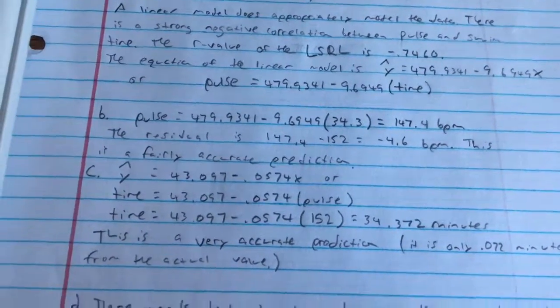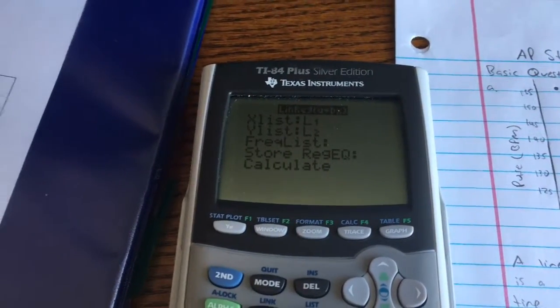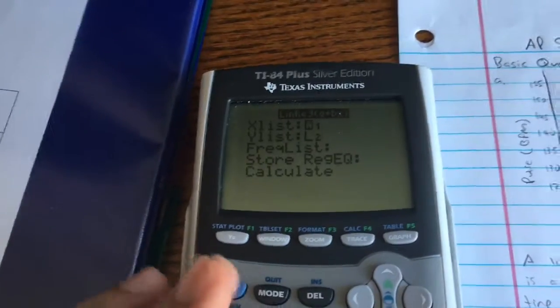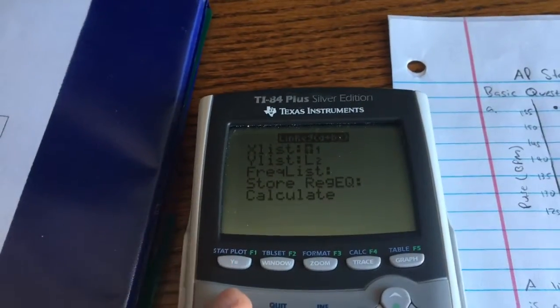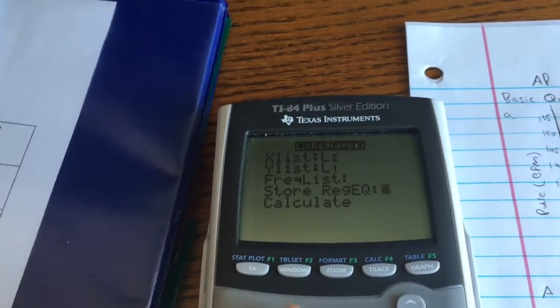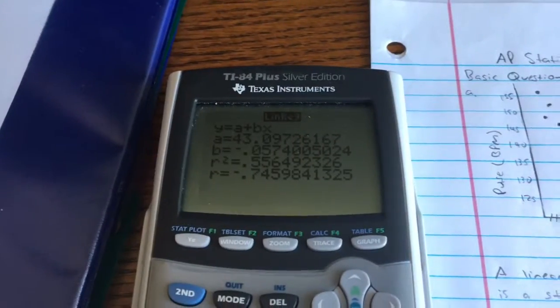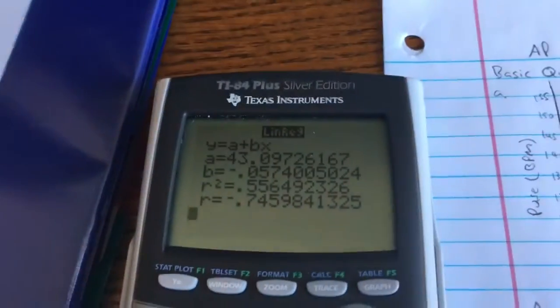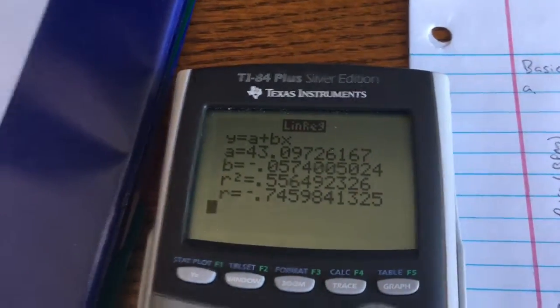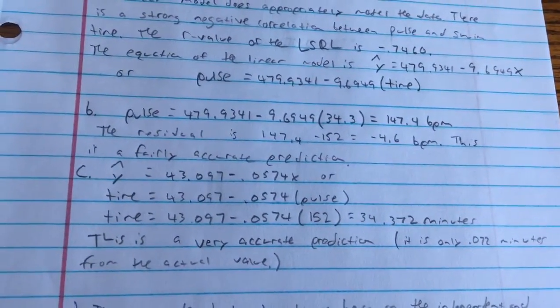If you go into your calculator and calculate the least squares regression line, but switch the second and the first list, so that the explanatory and response variables are changed, you will get this new equation, which allows us to predict the time given the pulse.